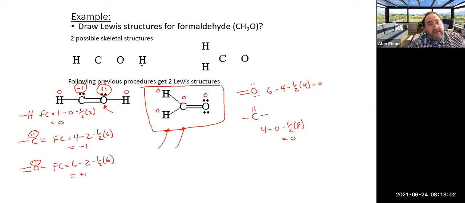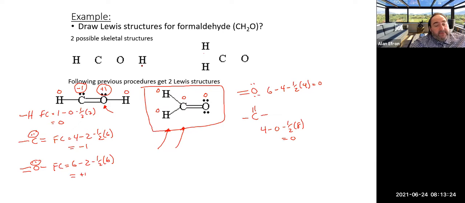We can use formal charge to help us decide, when we draw different Lewis structures, which one might be better and which one might not be so good. The ideal situation when you draw a Lewis structure is to minimize formal charge.